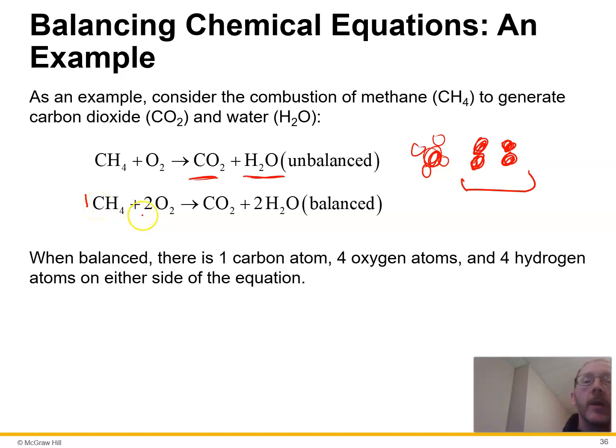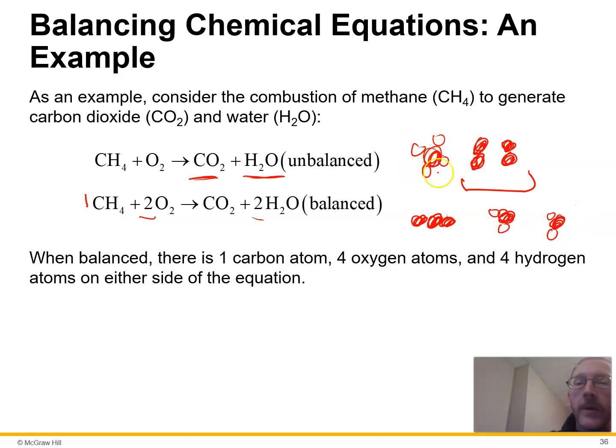So you can change these coefficients to make the symbols match up with the particulate representation, and then my products would be a carbon with 2 oxygens. Unfortunately, I can't change colors, but there's carbon and 2 oxygens, and then 2 waters. So oxygen with 2 hydrogens, and an oxygen with 2 hydrogens.